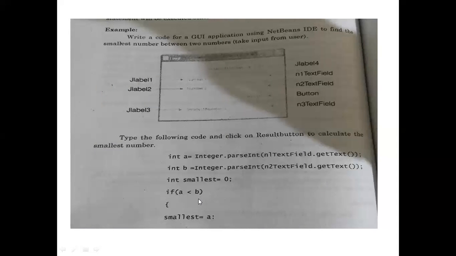For showing the value of a variable in the GUI interface, we write n3 text field, the variable name of the third text field, dot setText. Because we are showing the data in the variable here, whereas earlier we used getText to read the numbers. So n3 text field dot setText, in brackets some space, plus smallest. Then the body of the if statement is closed here.